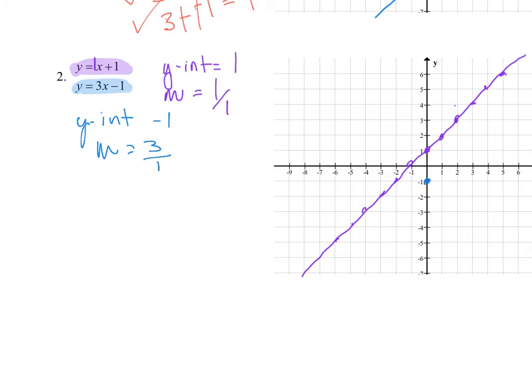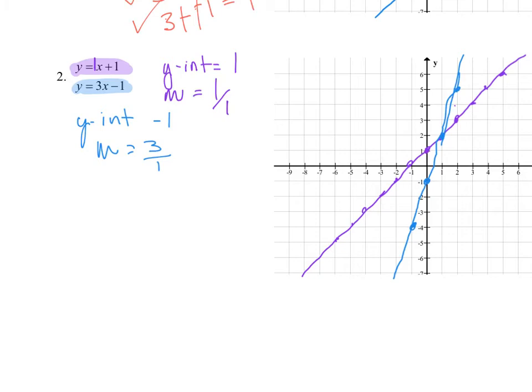Up 3, 1, 2, 3, forward 1. Oh boy, those are right on top. I'm going to do a couple more points. There we go. And now I'm going to draw my line. Sorry, I got kind of wobbly there.